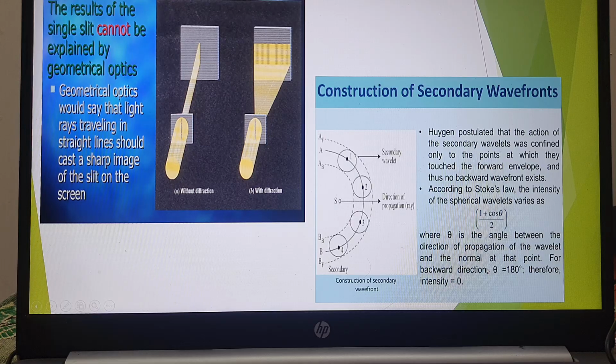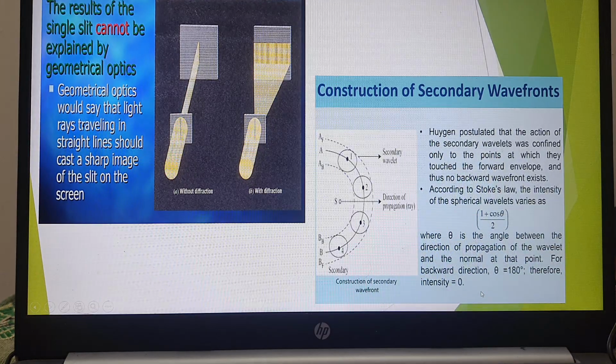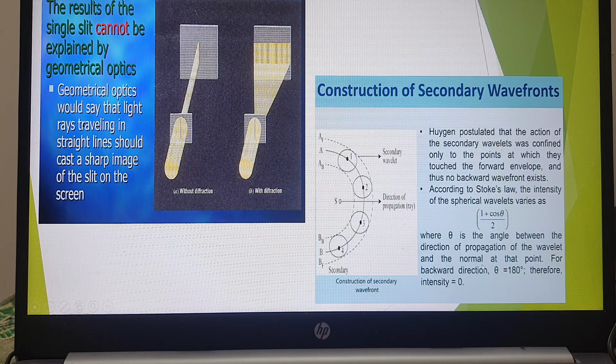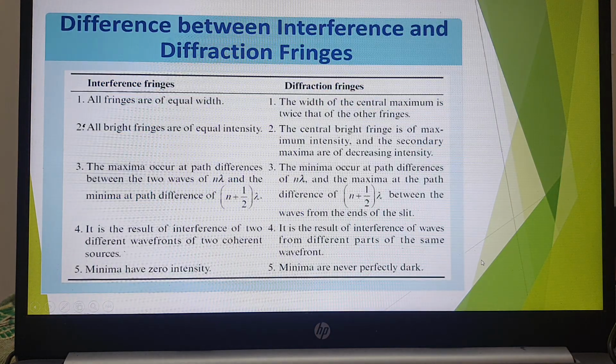For the backward direction, theta equals 180 degrees, therefore the intensity will be 0. Why is the intensity 0? From the backward direction, theta equals 180 degrees, so the intensity is 0.